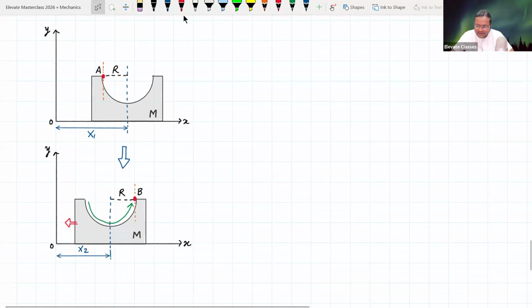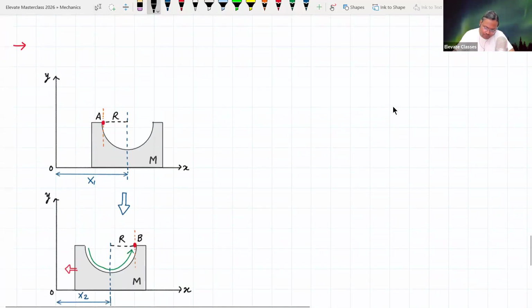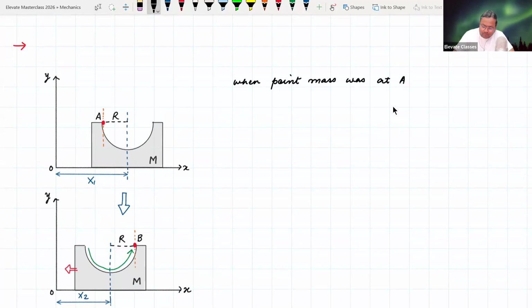Okay. So let's first define everything. What is the center of mass of the system initially? So, एक एक करके define करते हैं. So when point mass was at A, then let's say I say the center of mass of the overall system when the point mass was at A is equal to what? It is simply equal to the large mass.